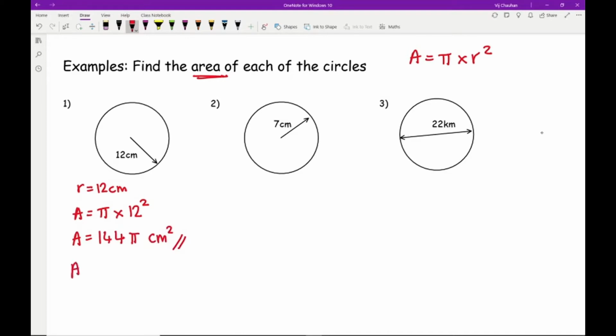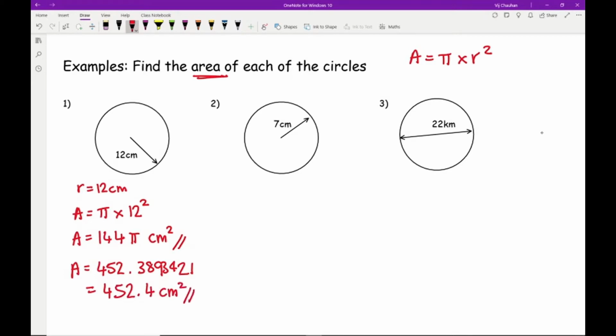However, if I want to work out the actual numerical value of the answer, then I need to type that into my calculator, so 12 squared times pi, or pi times 12 squared, and you should get the answer, if you've done this correctly, of 452.3893421, which if I round that number, which more often than not you will need to, becomes 452.4 centimetres squared.